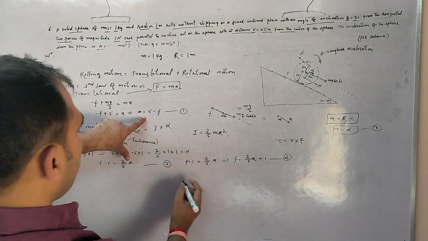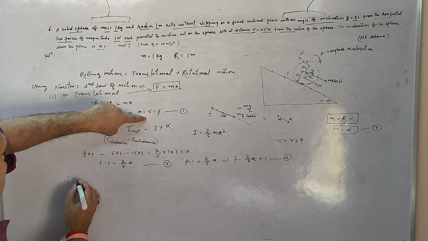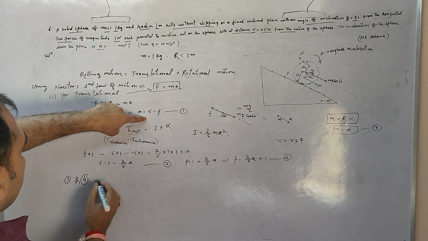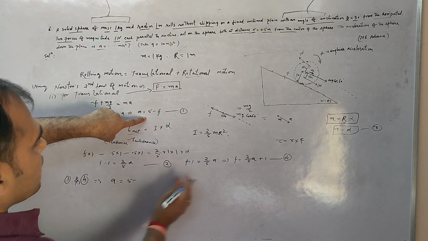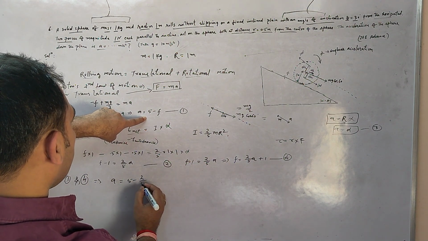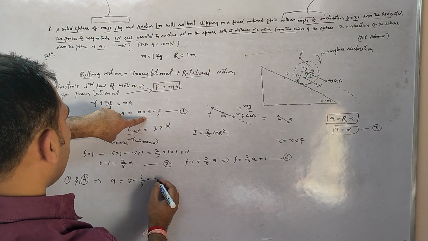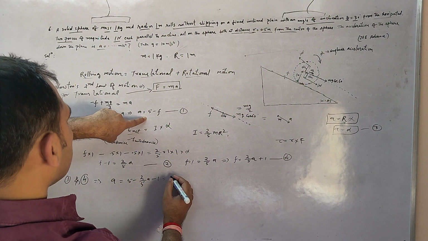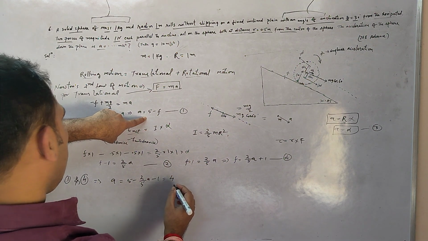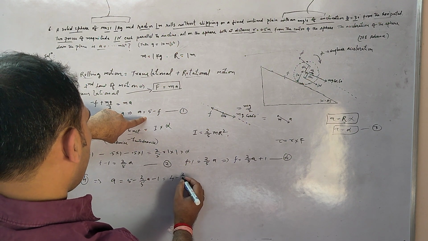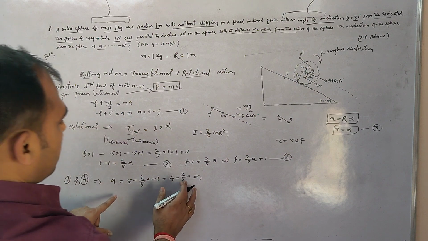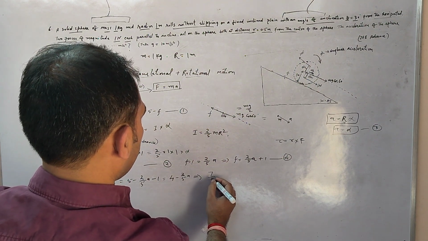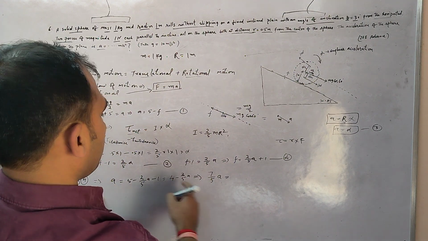From here, A will be equal to, using 1 and 4, A will be equal to 5 minus value of F, 2 by 5 A minus 1, that will be 4 minus 2 by 5 A plus A plus 2 by 5 A, that will be 7 by 5 A. This is equal to 4.